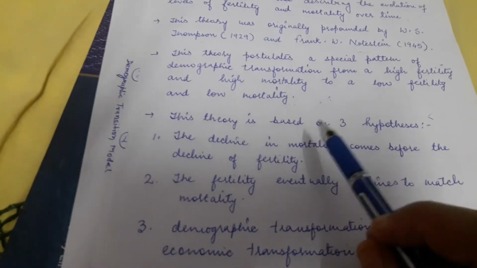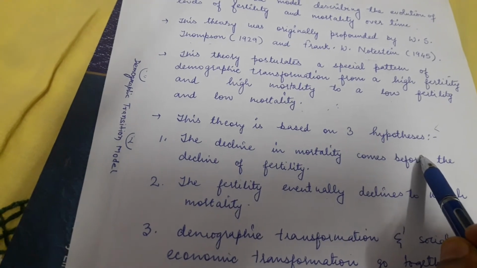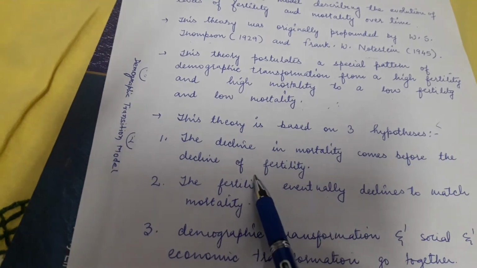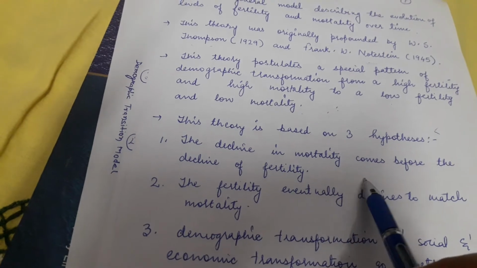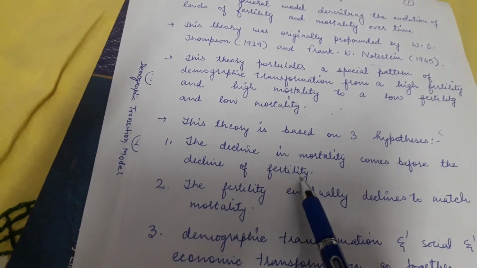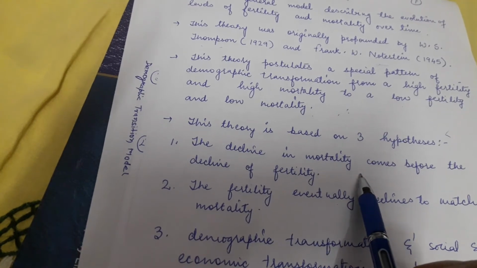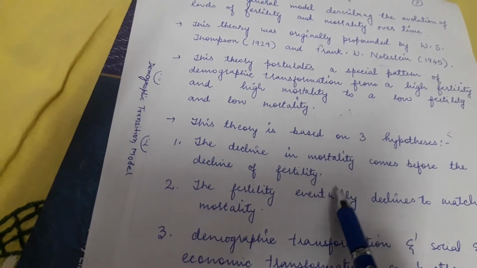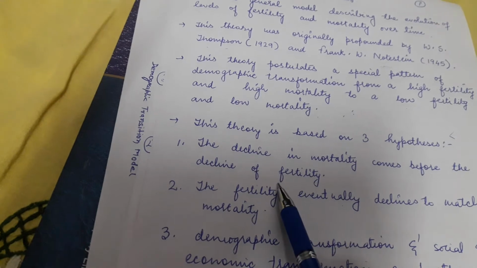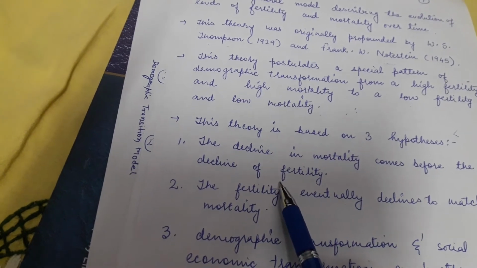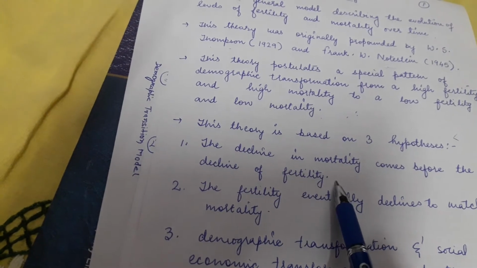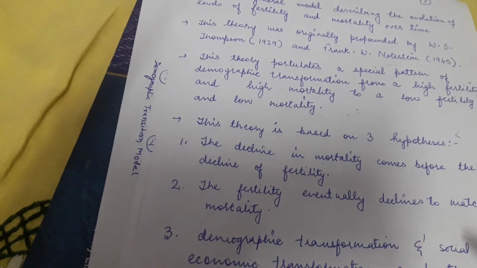So this theory is based on three hypotheses. The hypothesis says that the decline in mortality comes before the decline of fertility. That is, the death rate becomes low before the birth rate. Why it happens, we'll study in the theory itself.